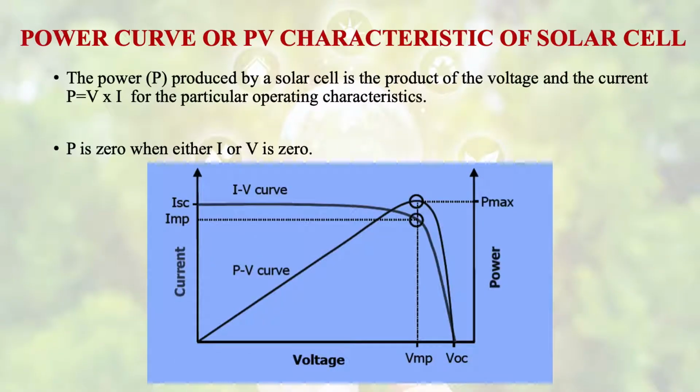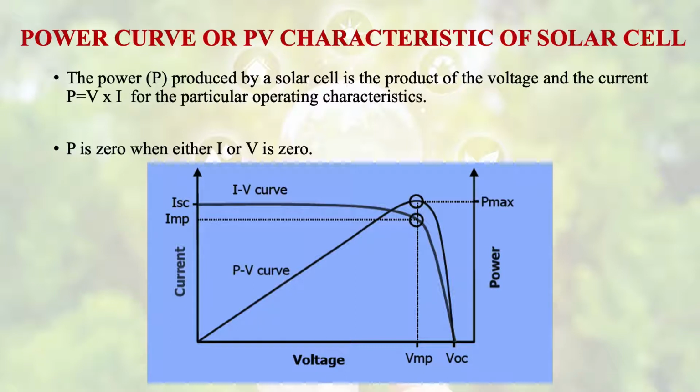This is achieved when the internal resistance of the solar cell is equal to the resistance of the load. From the maximum power transfer theorem, if you have studied it in network theory, you will know how you can get the maximum power output. As you see, in the power curve of the solar cell, VMP is the voltage corresponding to maximum power.